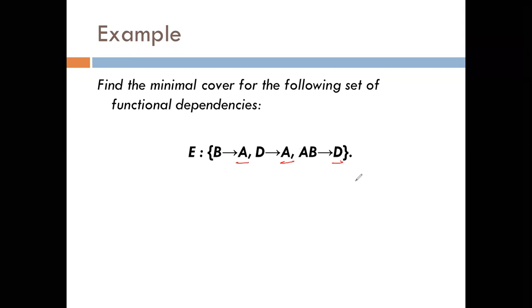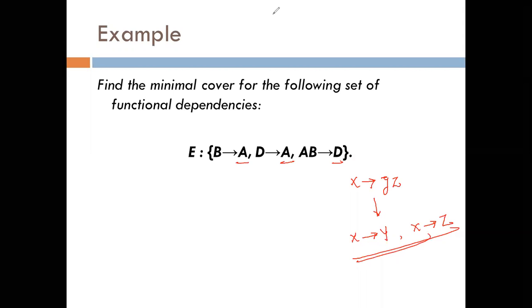Suppose there was a functional dependency like X determining Y and Z, if two attributes are there in the set, then we have to divide this into X determining Y and X determining Z. So this split we have to do when we have multiple attributes on the right side.